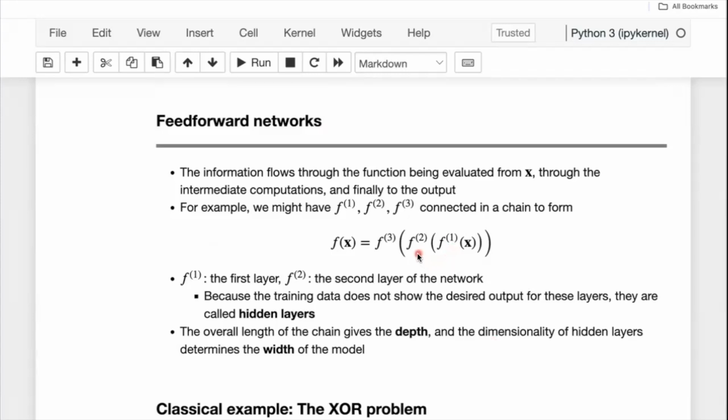And then we go through the second layer. That's another function that operates on the result of this f1(x). And then whatever we get, we send to this third function that we have. And this is technically our output layer, right? So neural networks are simply a nested or composite function.